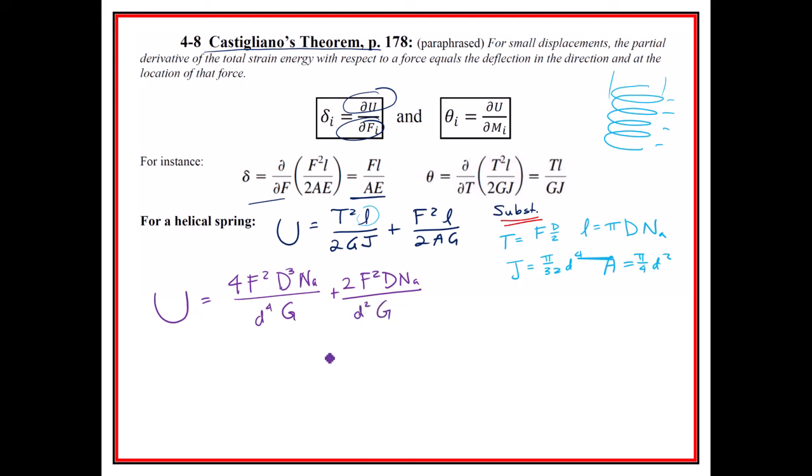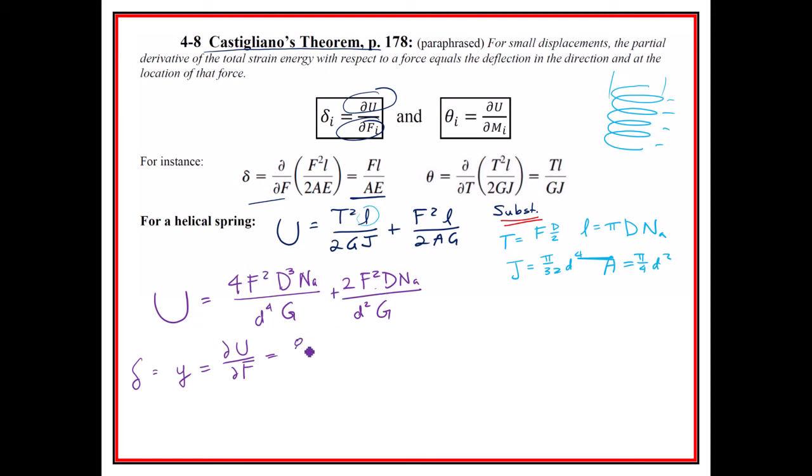So we got a lot of things in common right here. If we want to find, let's say, Y, this is really the deflection. I don't know why I'm just calling that Y. We want to take the partial derivative of U with respect to the force, which is pretty easy to do right here, because all the forces are just right there.